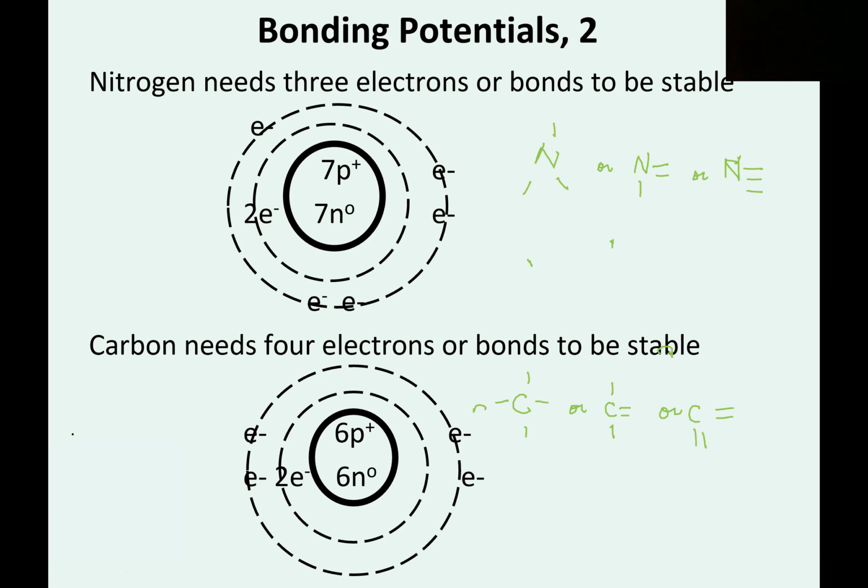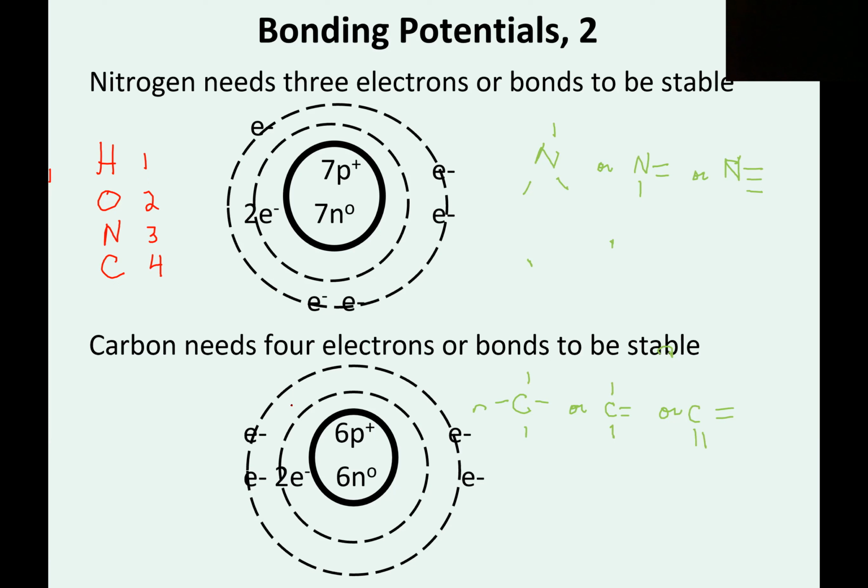Now, the shortcut for remembering these 4 most numerous elements in the body is if you can remember HONC, 1, 2, 3, 4. Hydrogen needs 1 bond, oxygen needs 2, nitrogen needs 3, carbon needs 4.